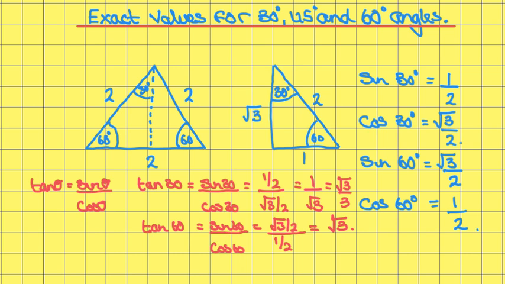So now we have sine 30 degrees is a half, cos 30 degrees is root 3 over 2, sine 60 degrees is root 3 over 2, cos 60 degrees is a half, tan 30 degrees is root 3 over 3, and tan 60 degrees is root 3. And that is all derived from an original equilateral triangle whose sides are 2 units in length.